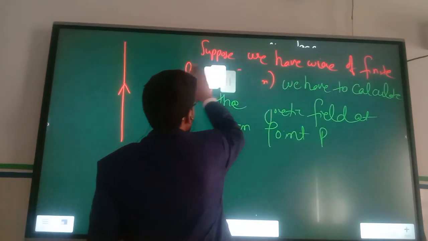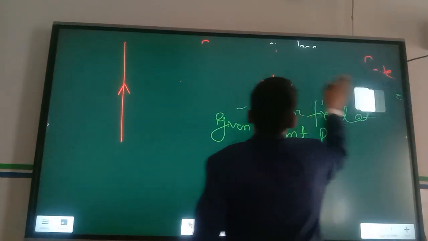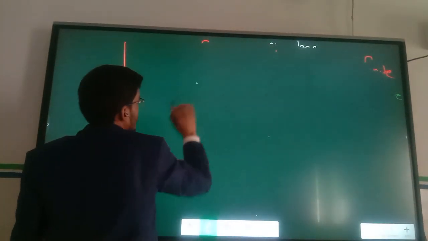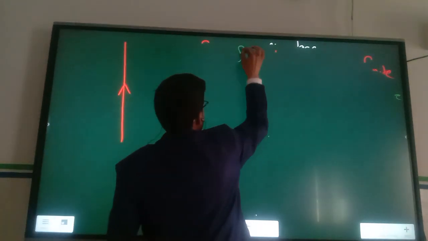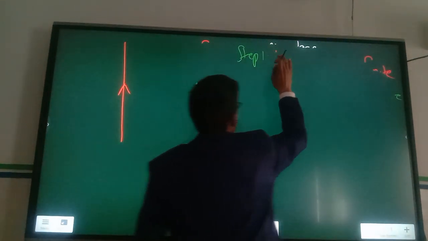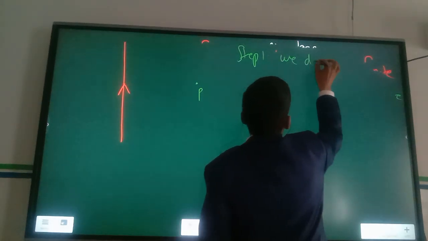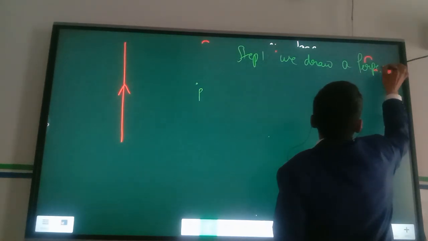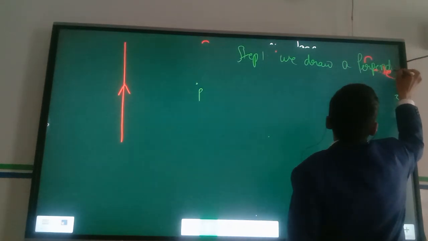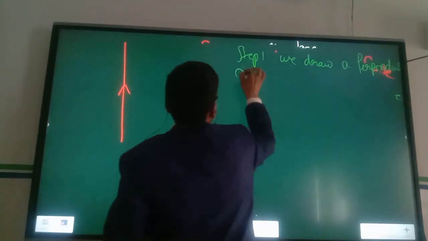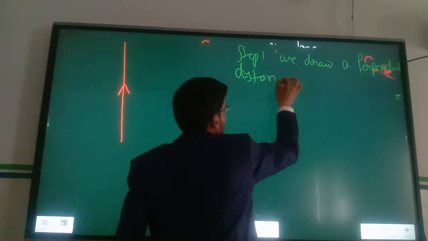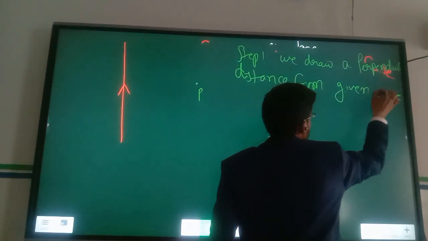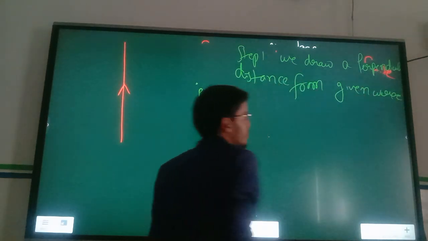First, this is the given point P. So step first, we draw a perpendicular distance from the given wire.